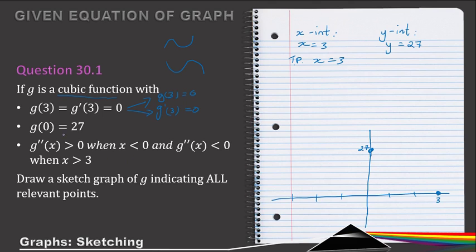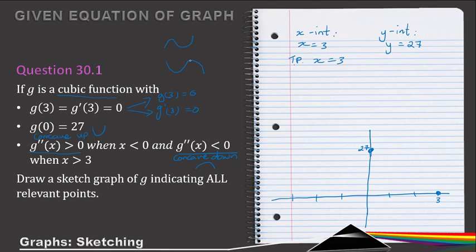So now we just need to establish what this is actually telling us. When the second derivative is greater than 0, what does that mean? That means concave up. And when the second derivative is less than 0, that means concave down. So concave up looks like this, concave down looks like that.